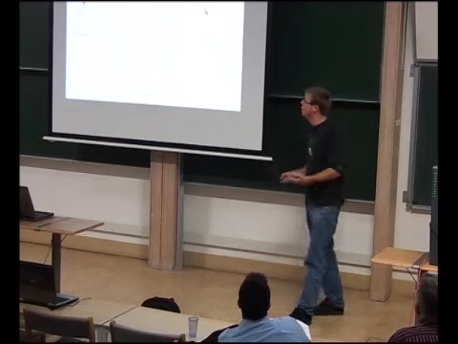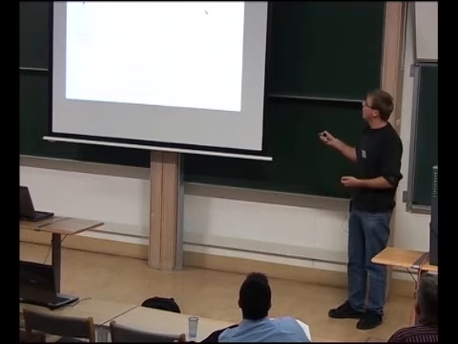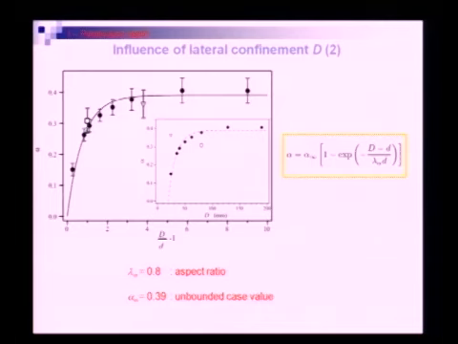And we note that we've got the quantity alpha here, which is the unbounded case value, which is not surprising actually. And we've got an aspect ratio here, lambda, and this characteristic length characterizes the range of the wall effects.